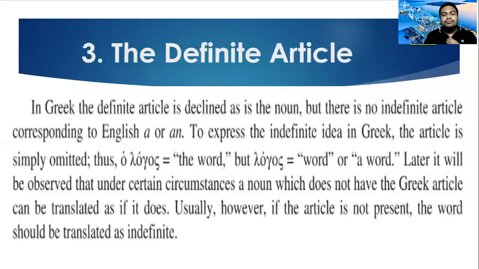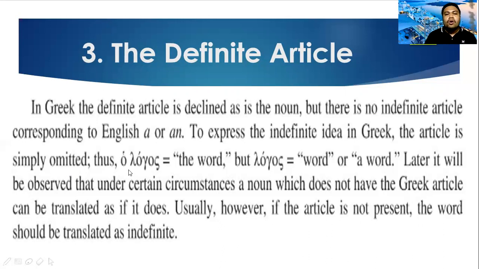Next, let's proceed to the definite article. In Greek, the definite article is declined as a noun, but there is no indefinite article corresponding to English a or an. To express the indefinite idea in Greek, the article is simply omitted.